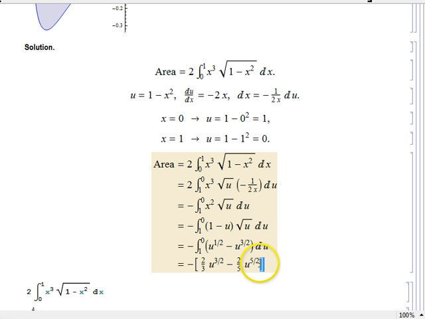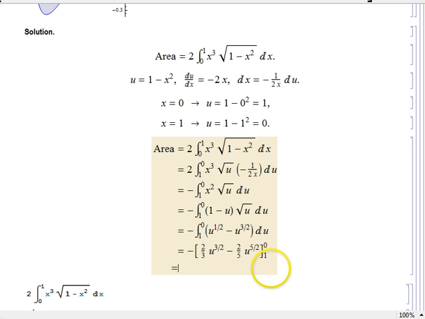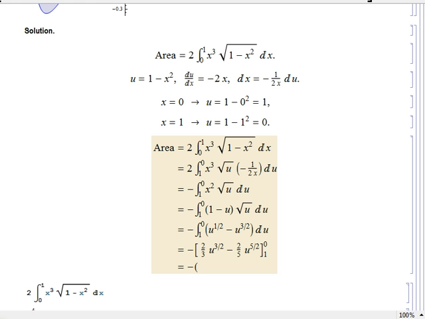And then let's put in the starting and ending points, 1 to 0. So minus, we have to plug in u equal to 0, and that's going to be just 0, easy to calculate.